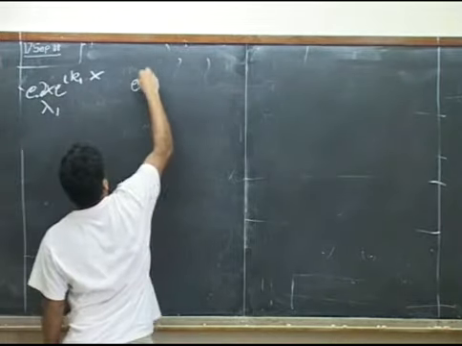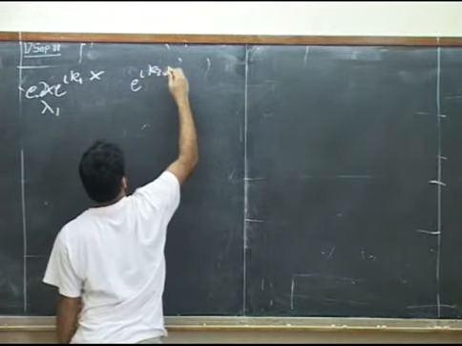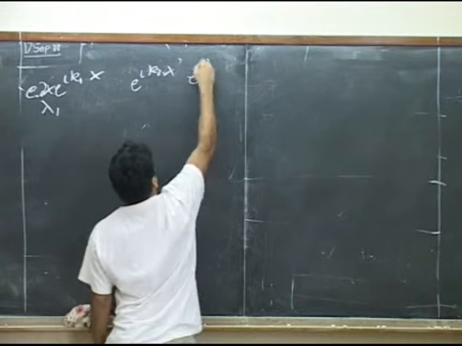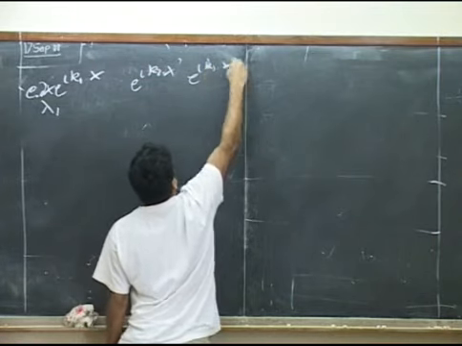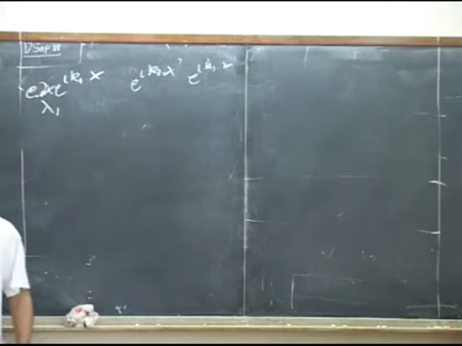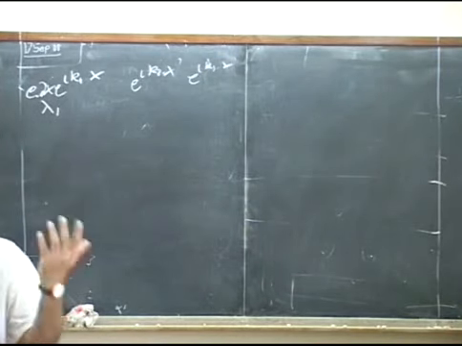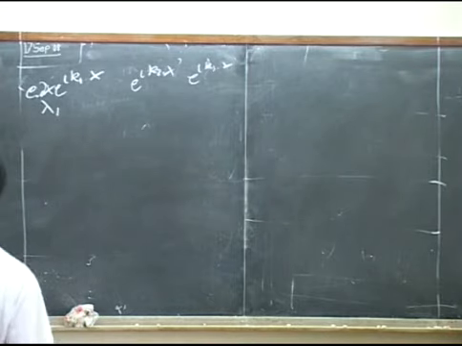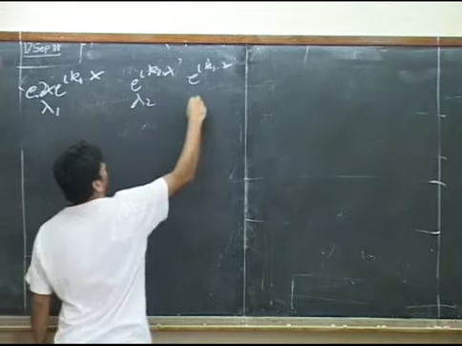Then we have e to the power i k2 dot x, associated with nothing else, and e to the power i k3 dot x, again associated with nothing else. k2 and k3 are the two tachyon vertex operators. Of course, the polarization and matrix are lambda 1 and lambda 2.